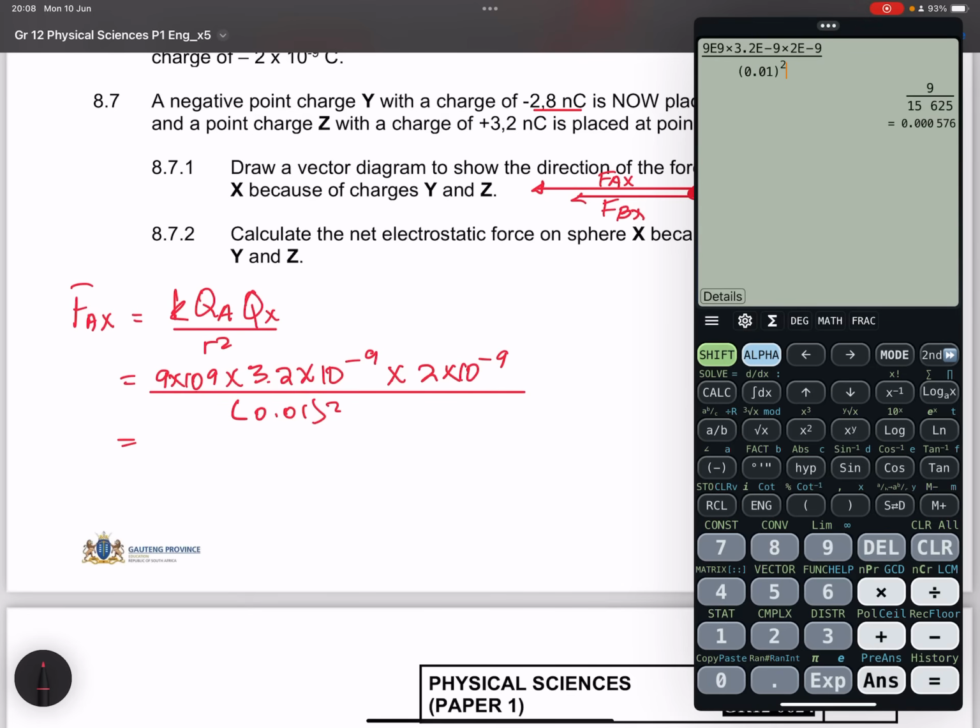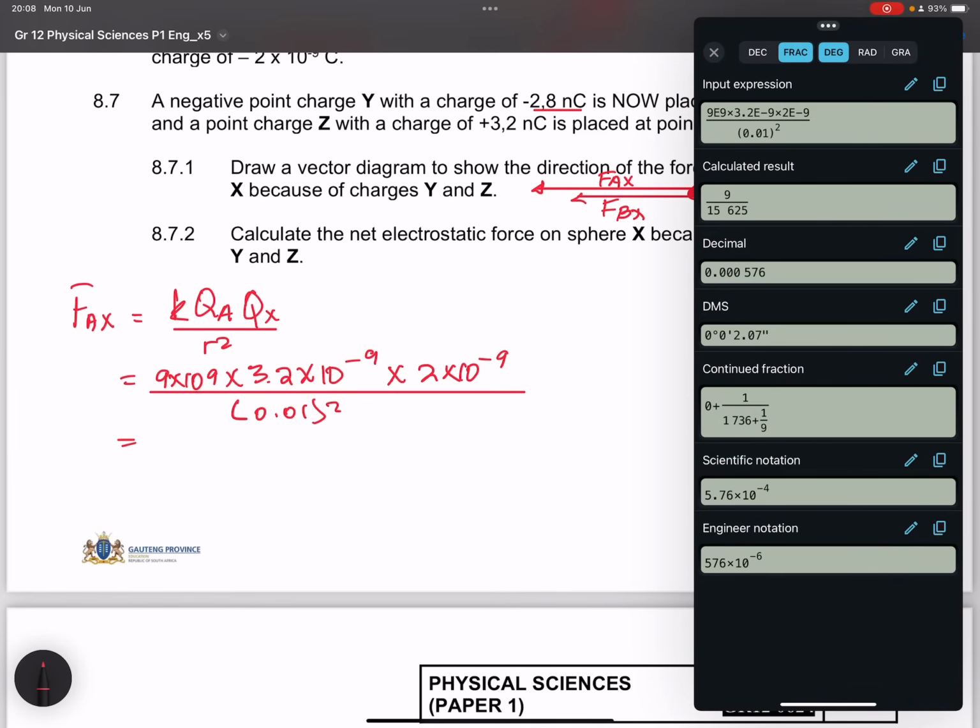So I get a force of 5.76 times 10 to the negative 4 newtons, right? And remember, that force would be to the left. Okay, so this would be to the left.